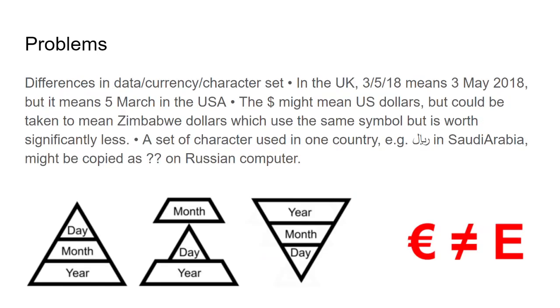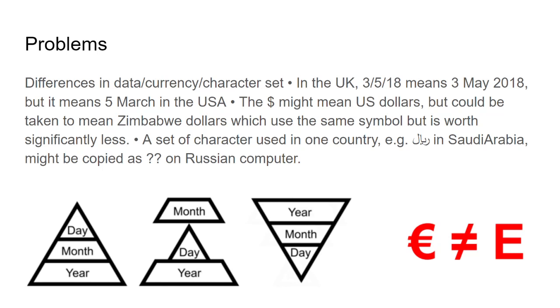A difference in character sets, data and currency. This is why we have the difference between ASCII and Unicode. Basically, ASCII is an American standard, for numbers and characters and stuff like that.